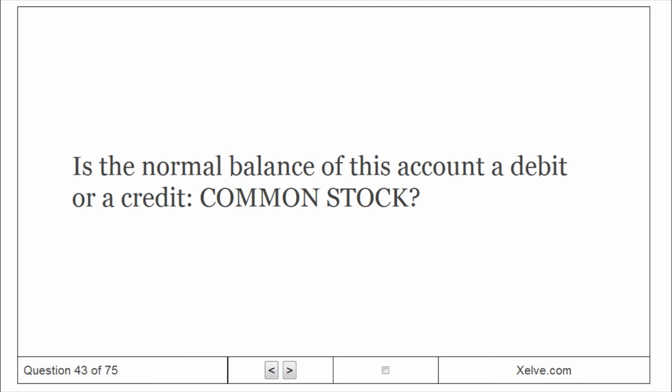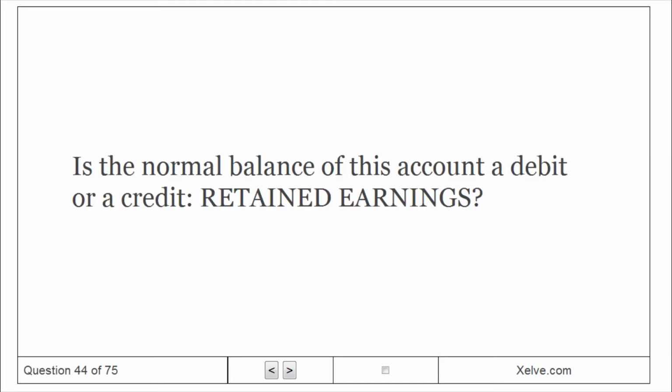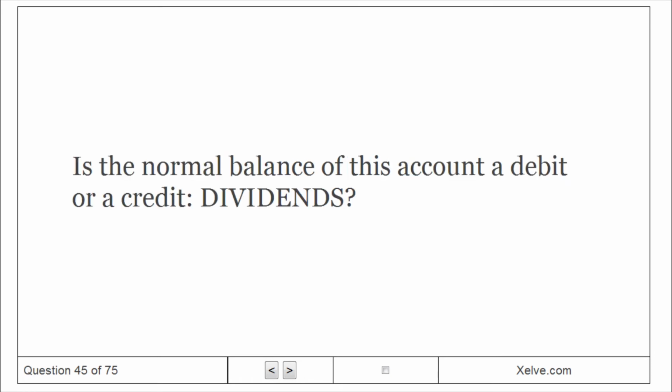Common stock. Credit. Retained earnings. Credit. Dividends.